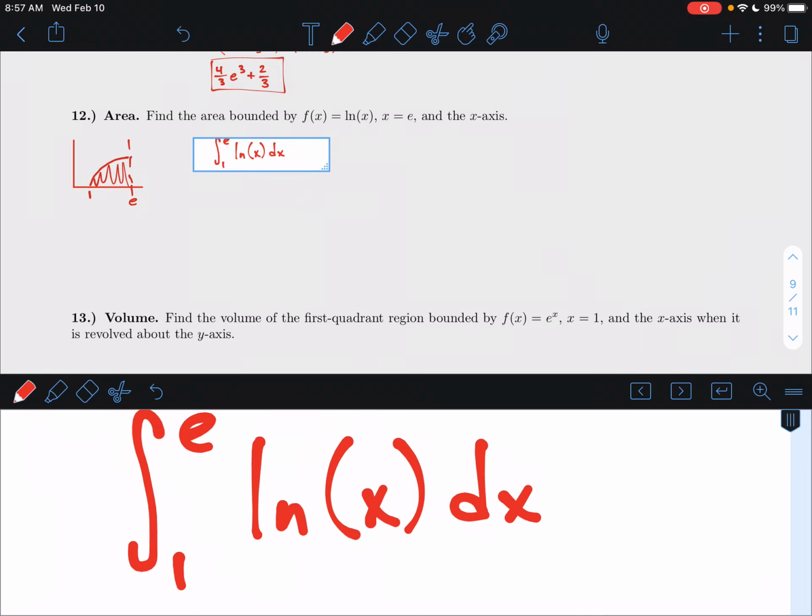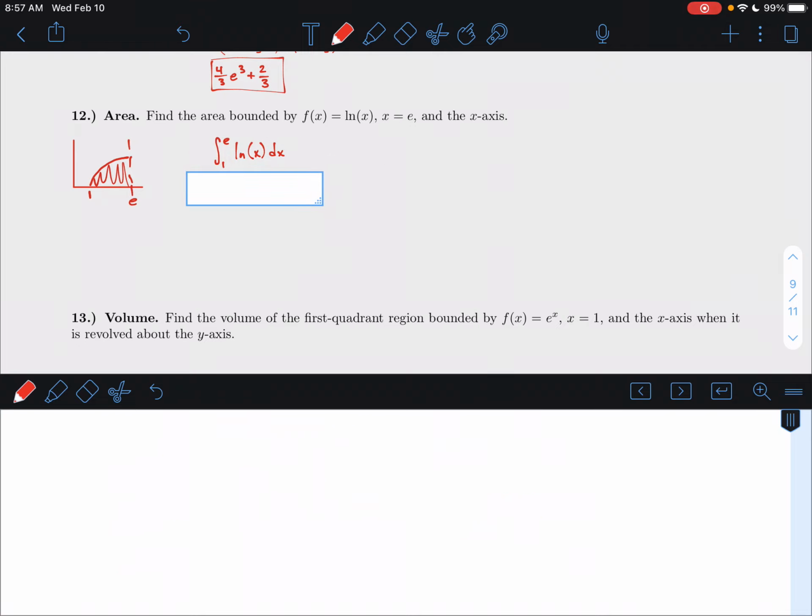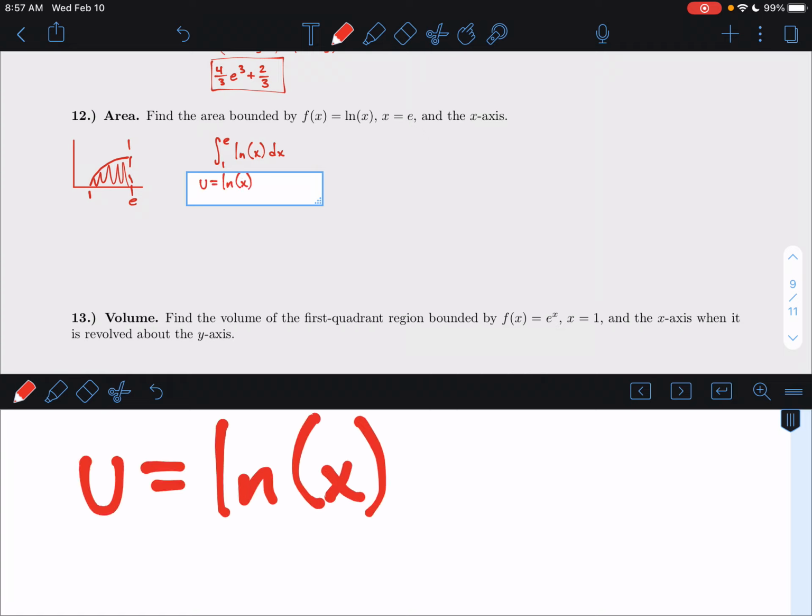When we only have one function inside the integral, then our other function is 1, which is algebraic. And natural log is logarithmic. Logarithmic comes before algebraic in that acronym, so that natural log is going to be my u here. So u equals ln of x, and dv equals 1 dx.